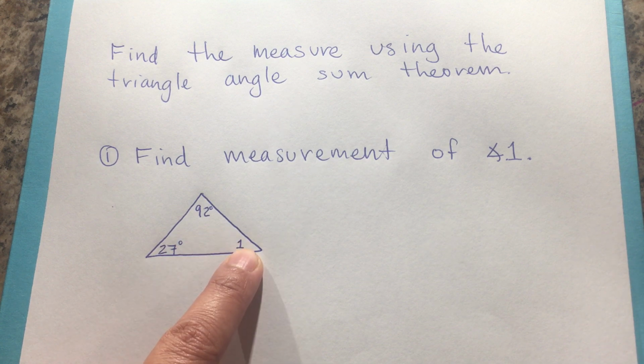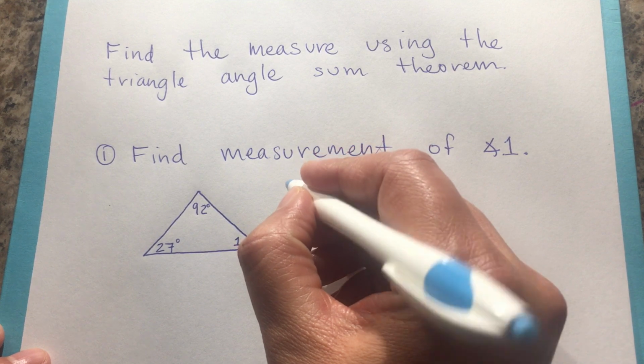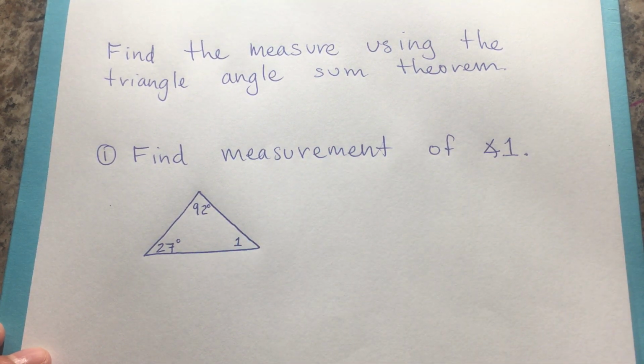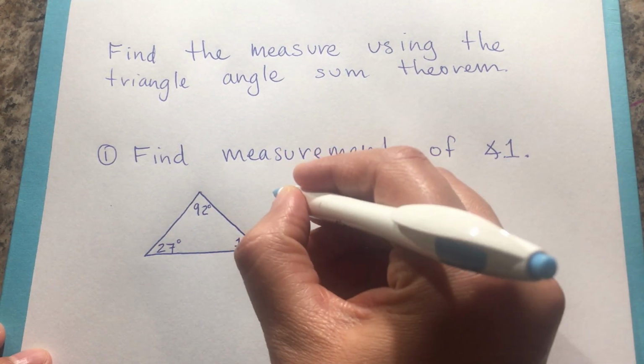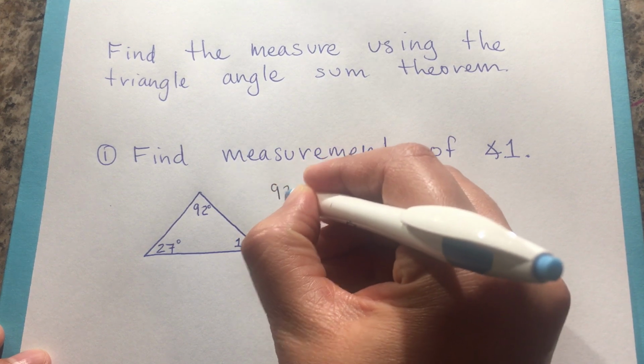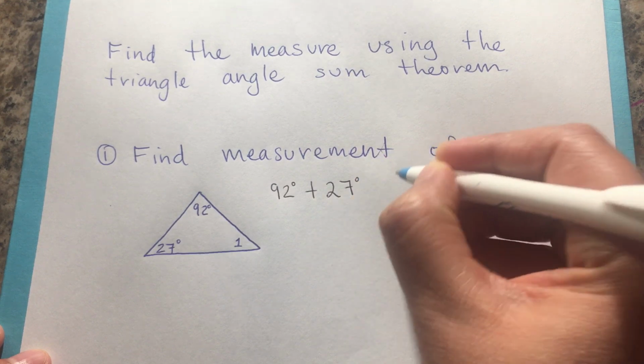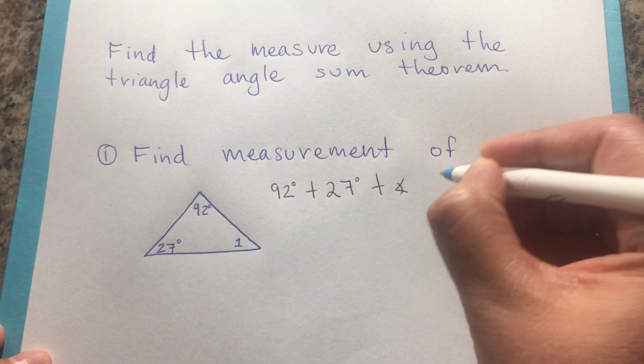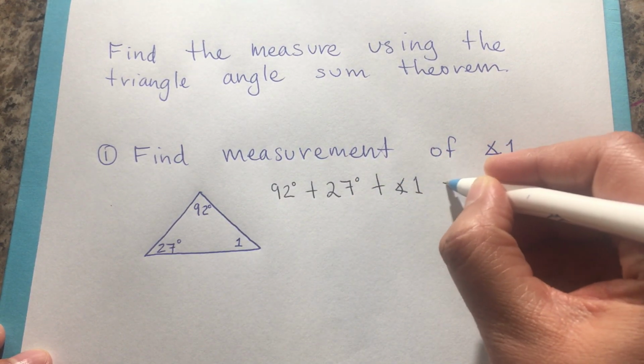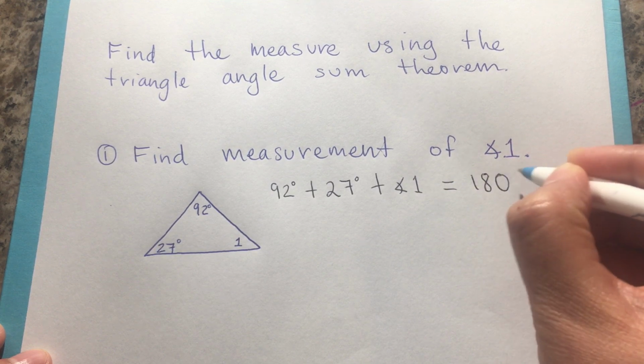We're going to look for angle 1. And so by the triangle angle sum theorem, we know that 92 degrees plus 27 degrees plus angle 1 is equal to 180 degrees.